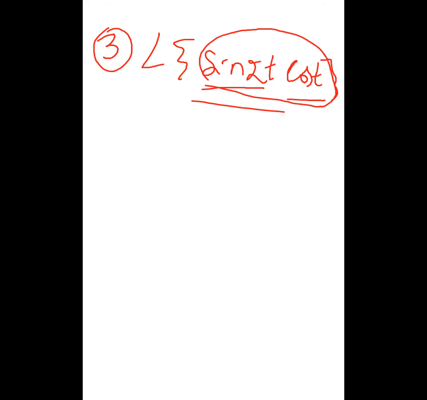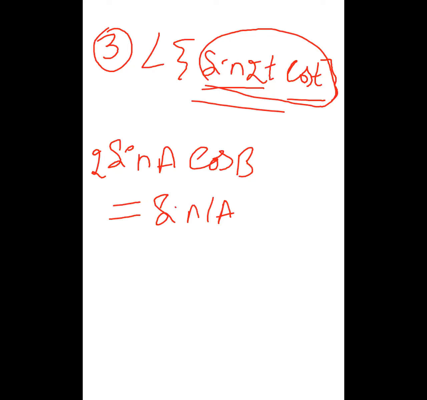So observe that sin A, first angle and second angle both are different. So for sin A cos B, I take the formula with 2 on the left hand side. We know that the formula of 2 sin A cos B is sin of A plus B plus sin of A minus B. Why are we using the trigonometry formula?